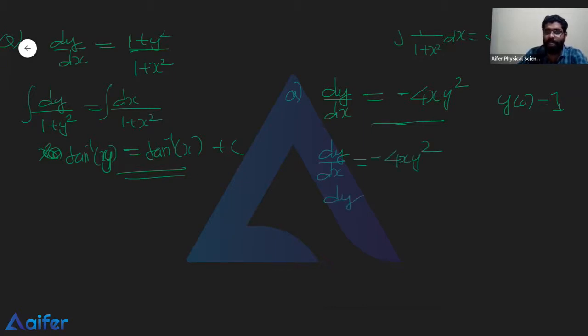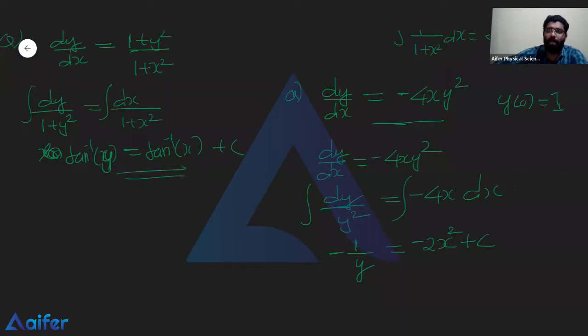So taking the y terms on one side, dy by y square equal to minus 4x dx. Upon integration, 1 by y square becomes minus 1 by y, equal to minus 4x square by 2, therefore that is minus 2x square plus c.